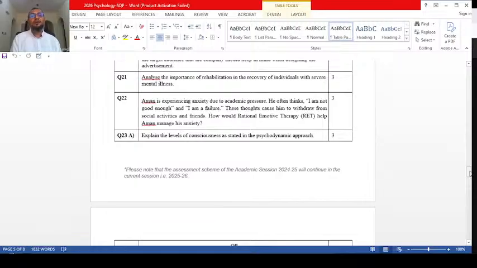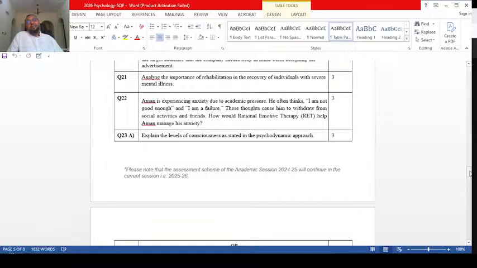So withdrawal from activities and friends is basically the consequence. He is having an irrational belief, because of that belief: I am not good, I am a failure. That's a belief. Second, he is withdrawing. The antecedent event is something which happens against your belief, and the third one is the consequence.